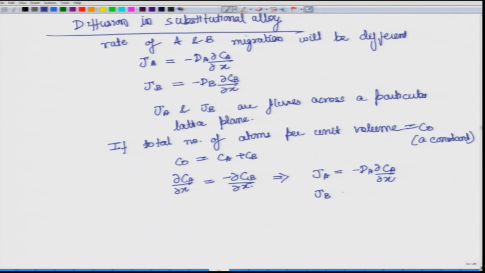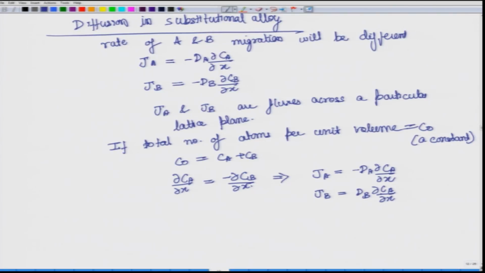So, J A and J B can now both be written in terms of it. Here this remains the same, but this one, the minus sign goes away and instead of del C B, we are writing it as del C A by del x, because the concentration gradient of one is the inverse of the other.